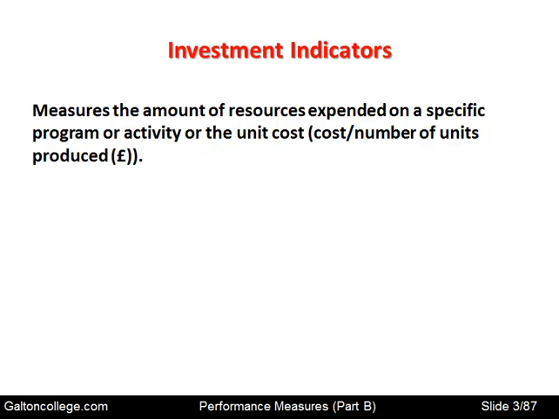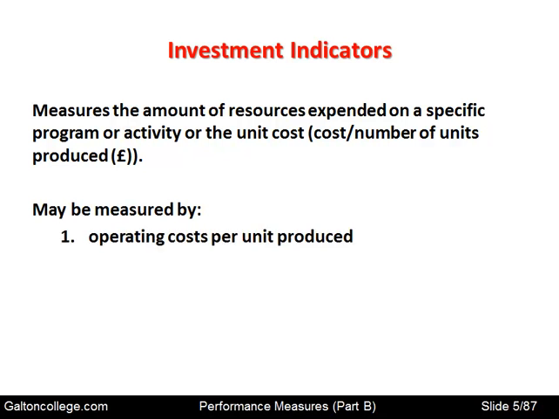So it's trying to look at the amount of resources that are tied up in resources such as capital, machines, premises, office furniture, and so on, and trying to look at the return on that investment to see if it's a worthwhile investment. Now, this may be measured by operating costs per unit produced.